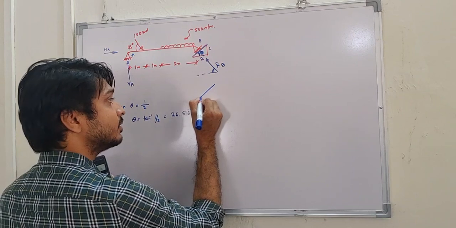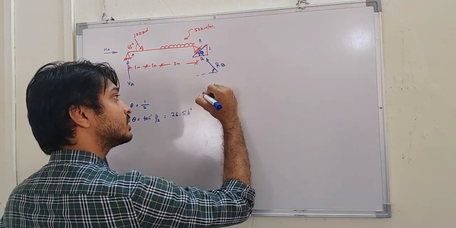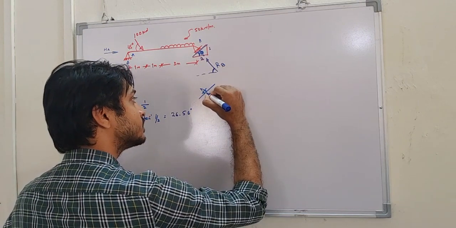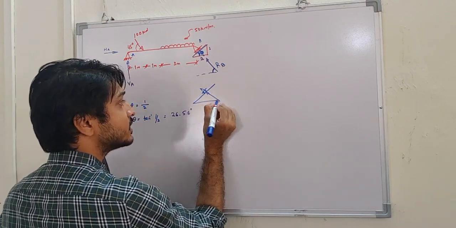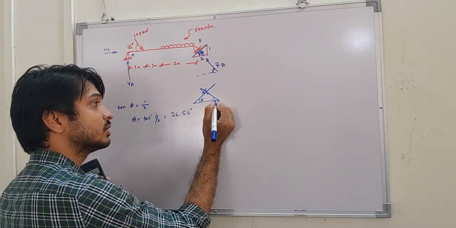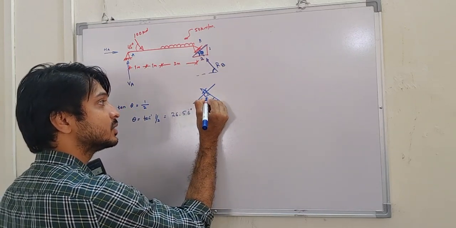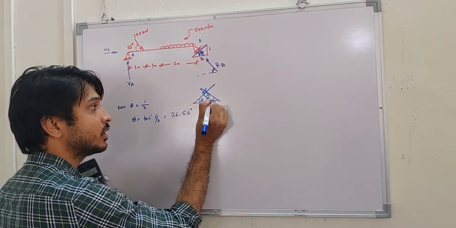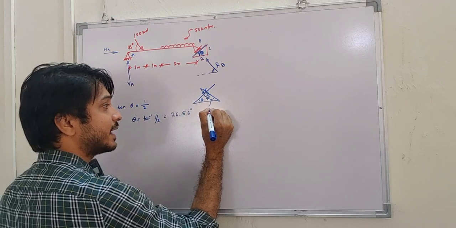If I calculate this, it will be like a triangle now. This is the plane on which the roller is kept, and here we have this reaction. This will be 90 degrees, because this is normal to the plane, and this is theta. The total is 180, so the other angle is 90 minus theta.